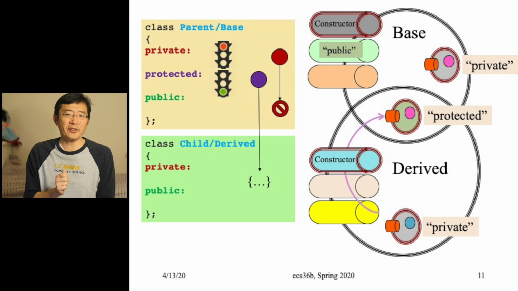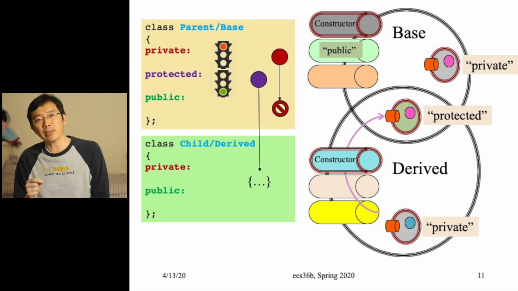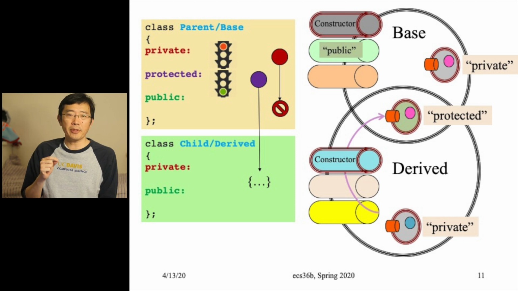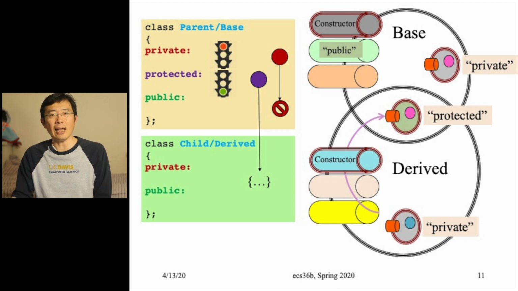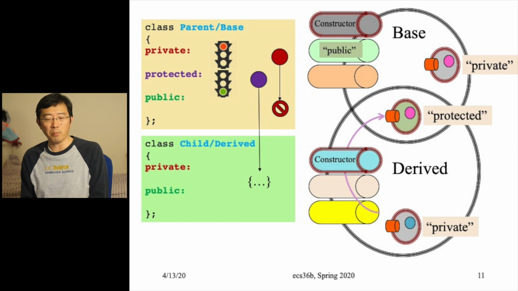Okay, now we're seeing that, well, if somebody is inheriting from me, I will think that that particular class should have some privilege in accessing something, which is different from the public. And therefore, I have something called protected.